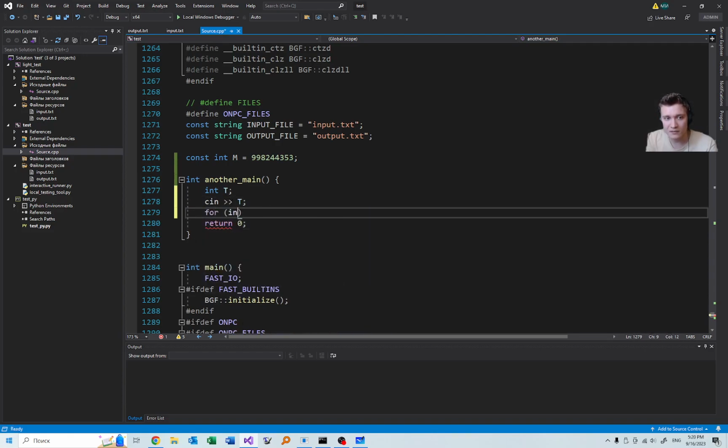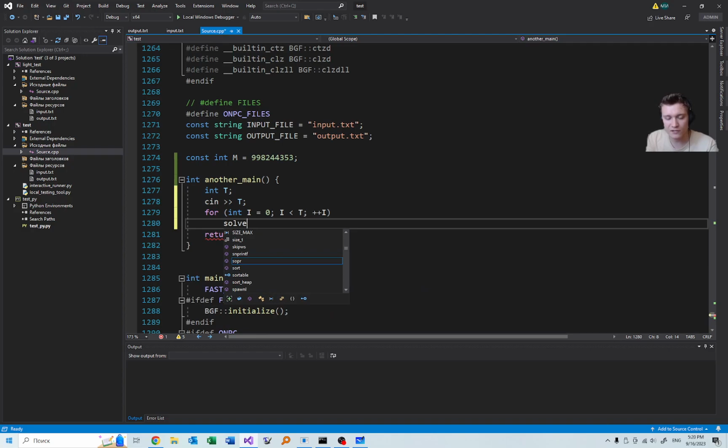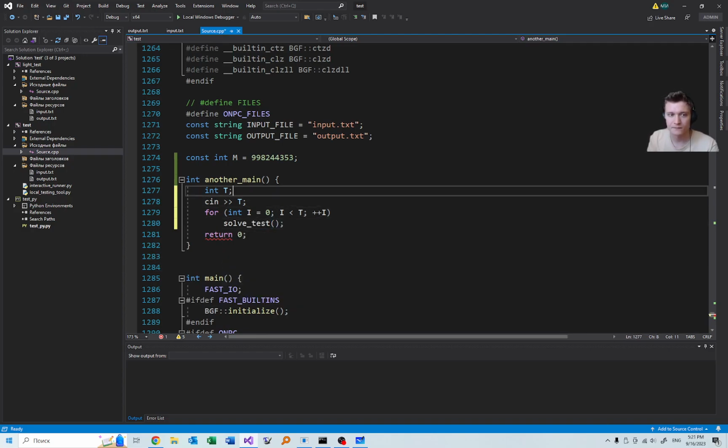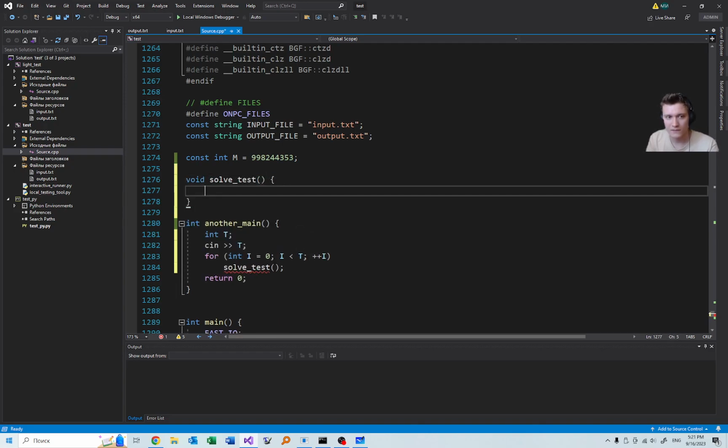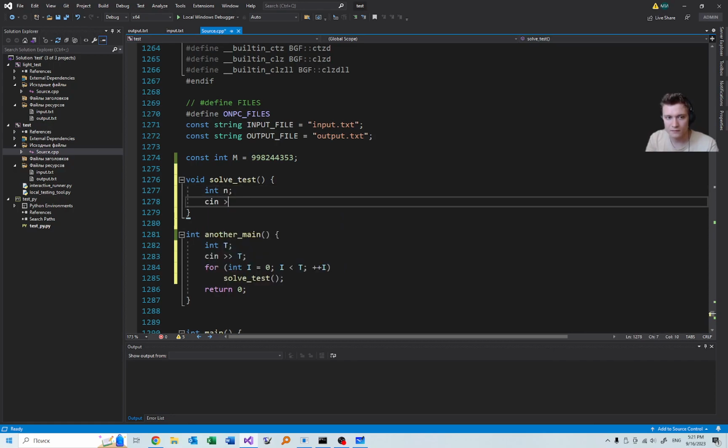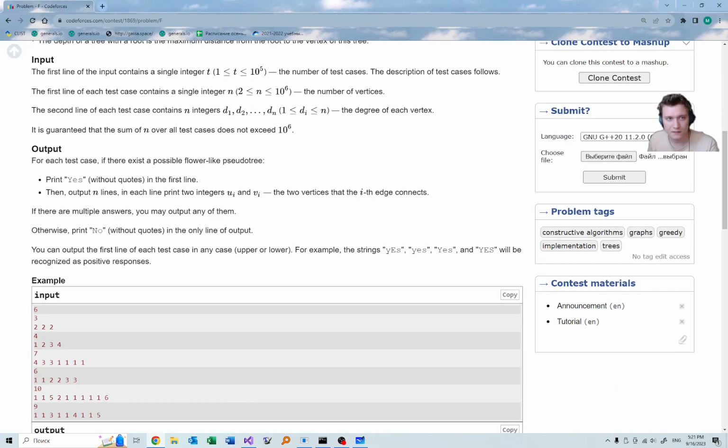So I read t. Here I just run the function solve test. Okay, what do I do in function solve test? I read n, and then I read all the d_i's.